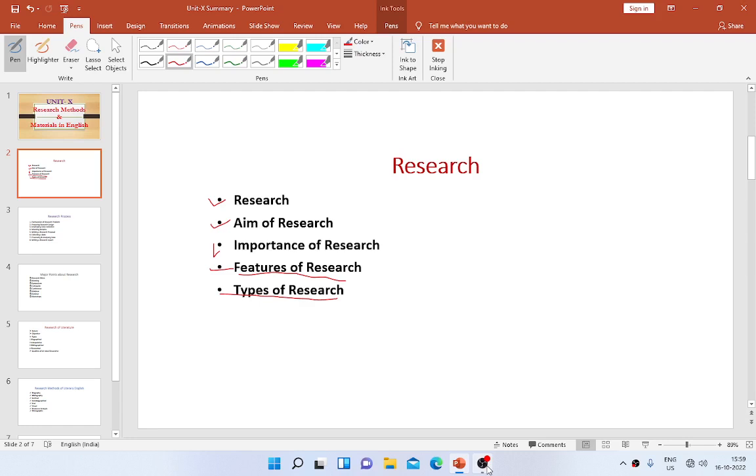The variable upon which the effects of changes are observed is called the dependent variable, and in experimental research we find control, because control is the first essential ingredient of experimental research.